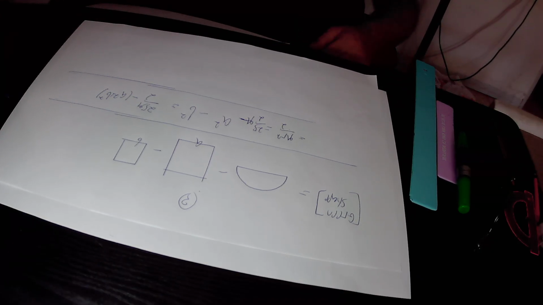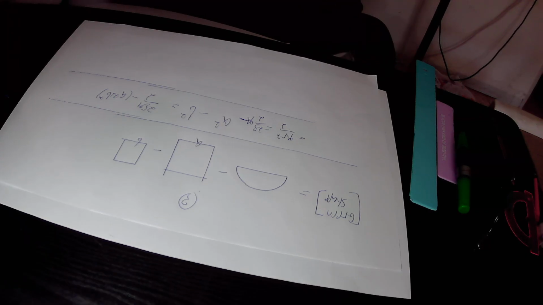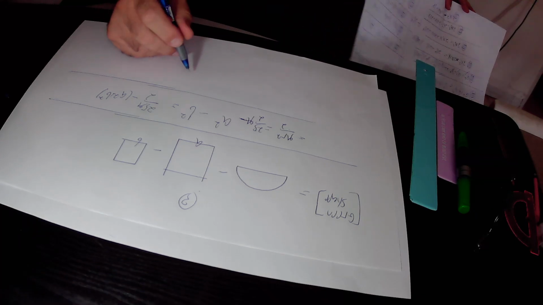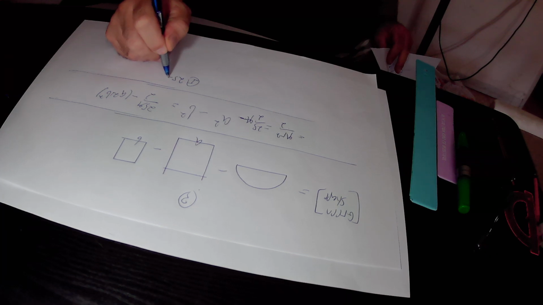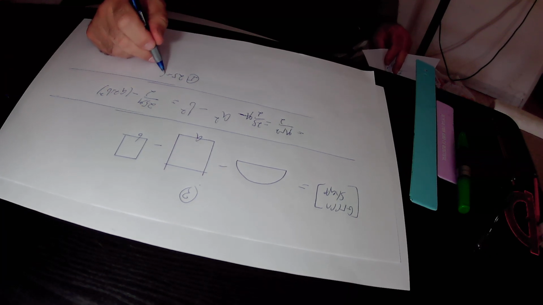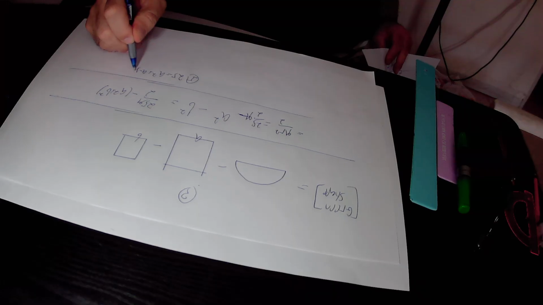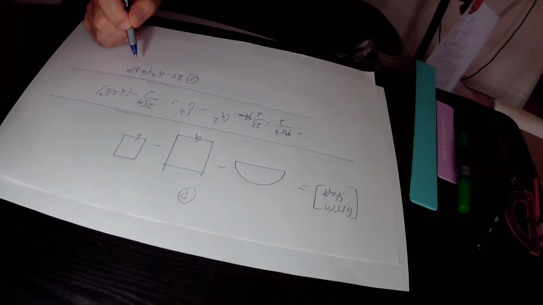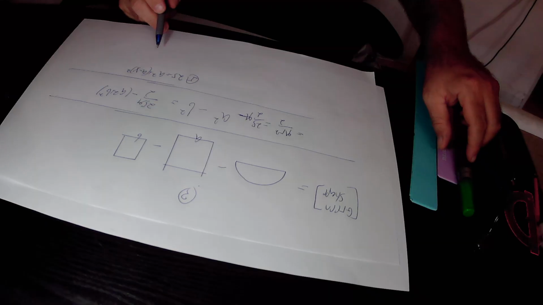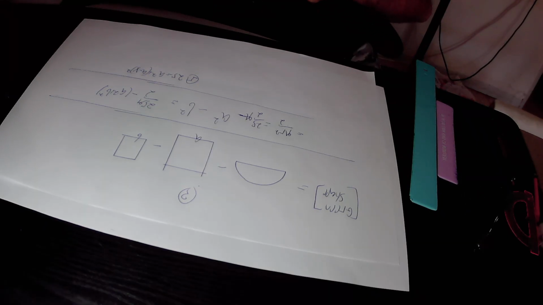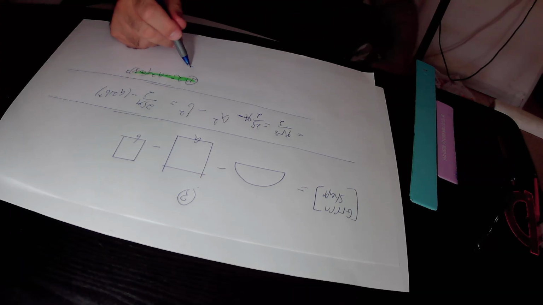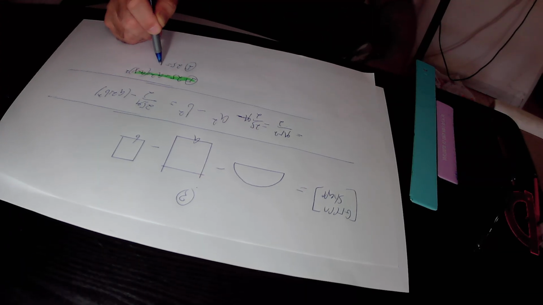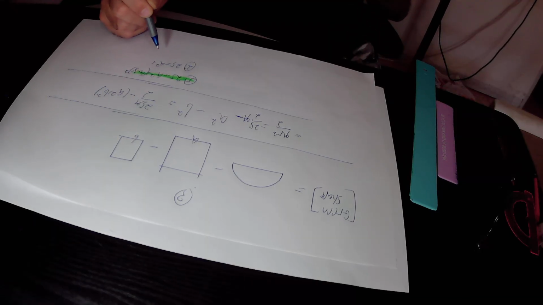But according to equation 1, we have already found out that 25 equals a squared plus (a minus x) squared.